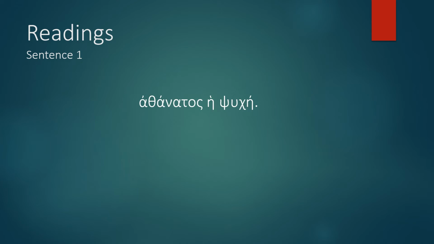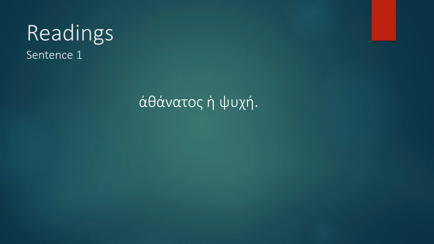Athanatos is an adjective. Remember what adjectives do. Adjectives modify nouns. He is another adjective. A definite article, articular adjective. It also modifies a noun. And then psuche, we have a noun.